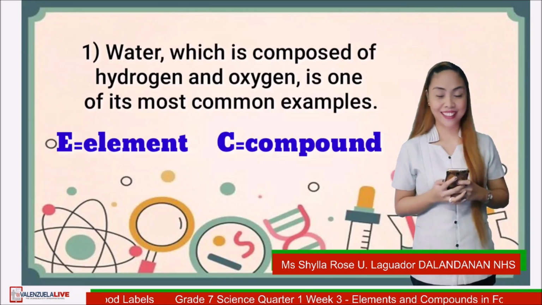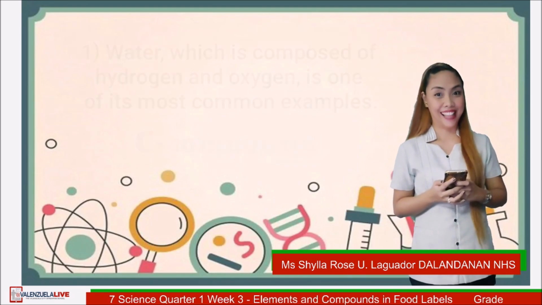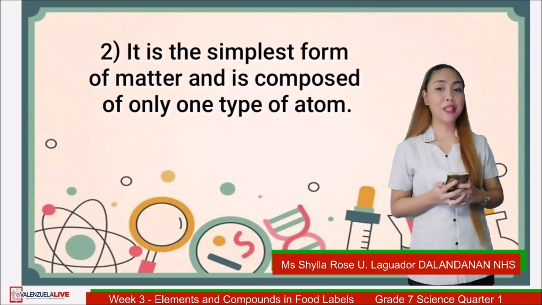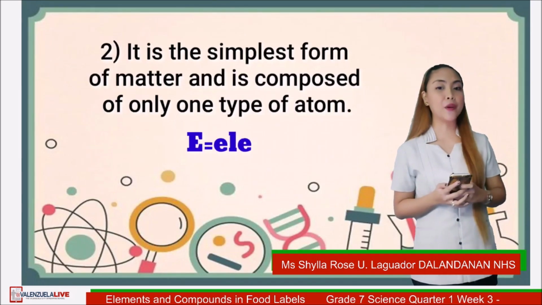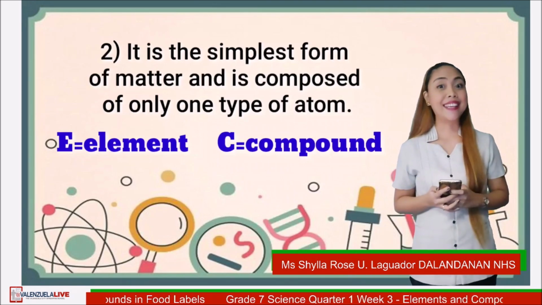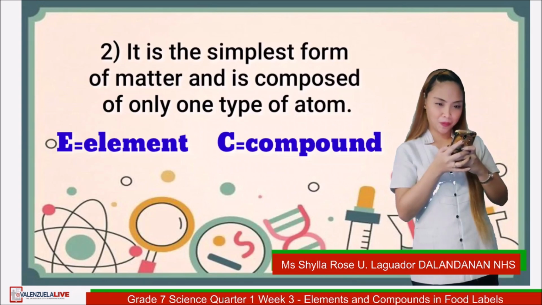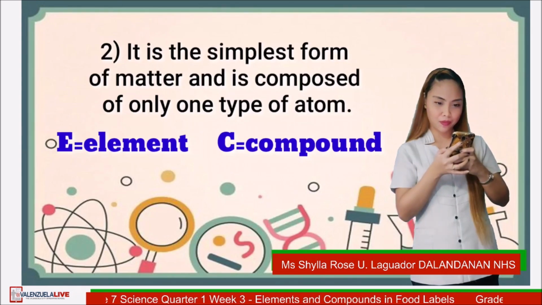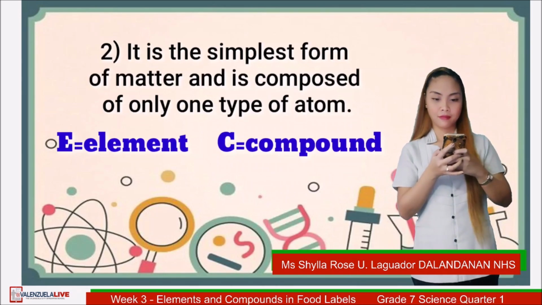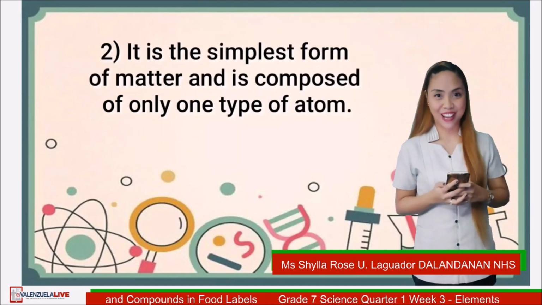Very good, grade 7. The correct answer is letter C for compound. Let's proceed. Number 2. It is the simplest form of matter and is comprised of only one type of atom. Is it an E or a C? Nice one, grade 7.